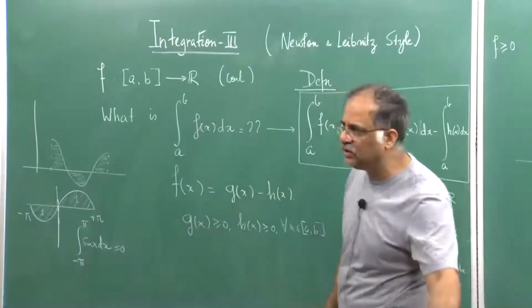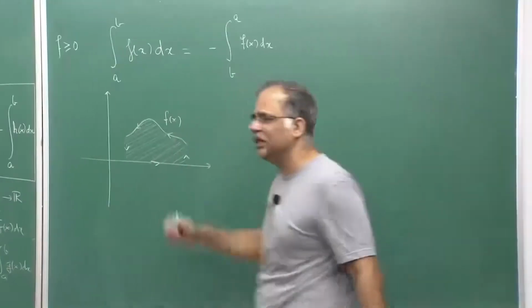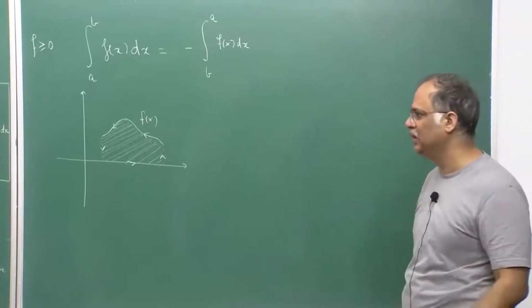If it always lies on my left, then I will call the area non-negative. The area would be non-negative.